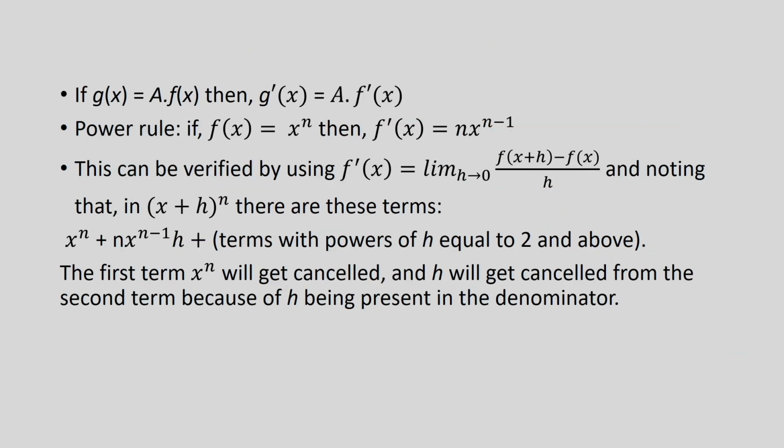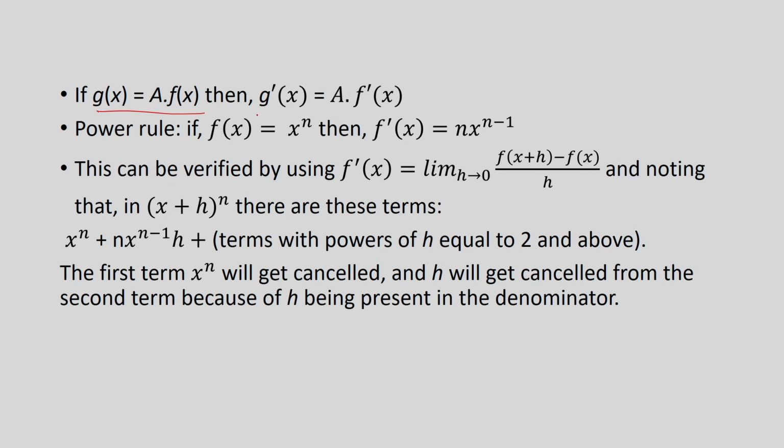Okay, now, another function let us take, which is a constant multiplied by a function of x. So, g(x) is equal to capital A multiplied by f(x), right. f(x) is a function of x obviously. Then what should be the formula for the derivative of g(x)?